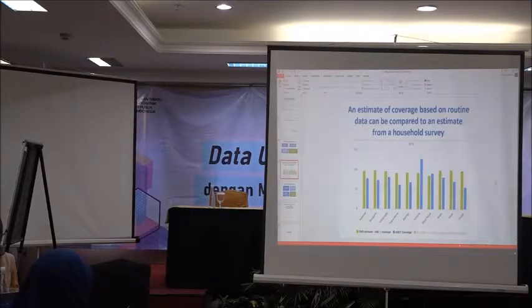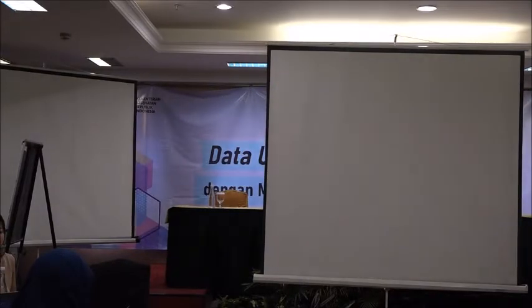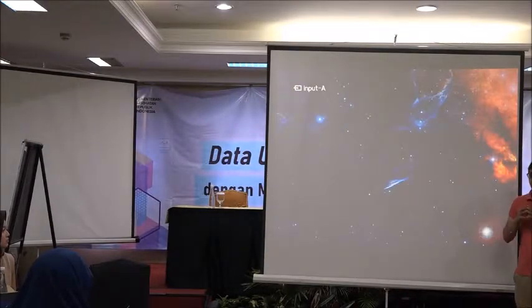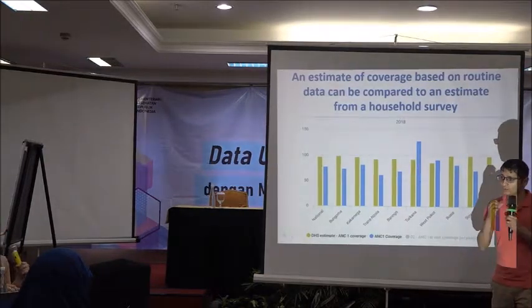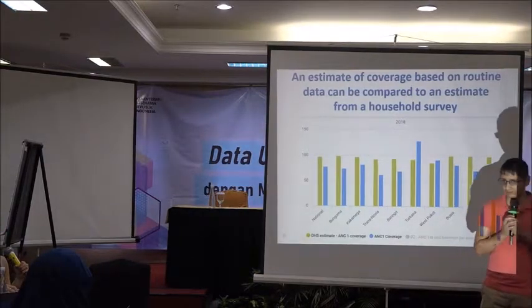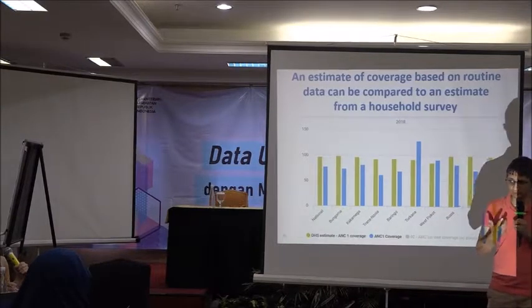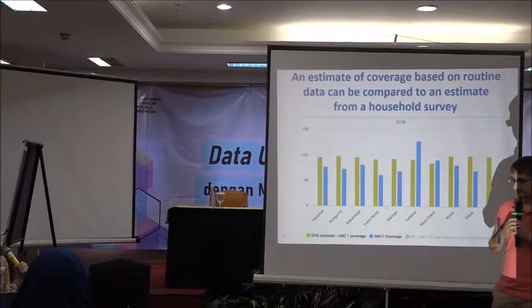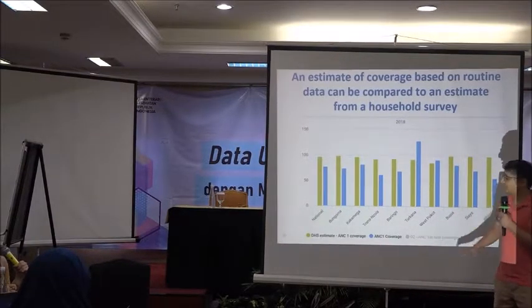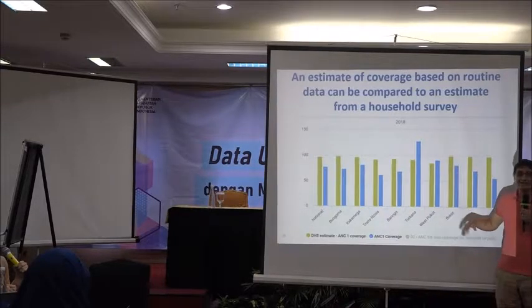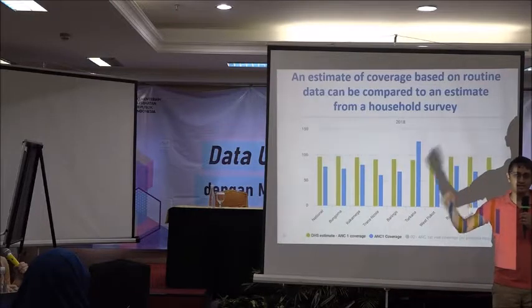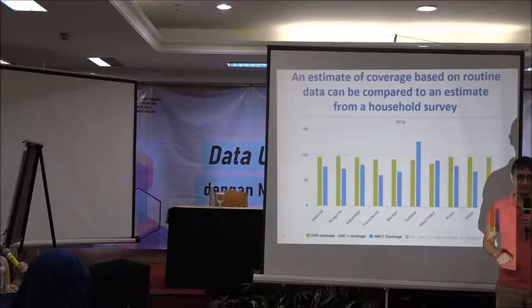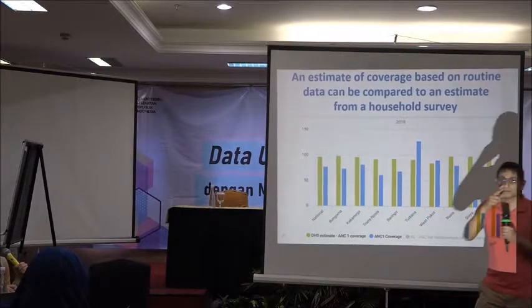Internal consistency is looking at the data within the program, the routine administrative data that we collect every month or every quarter, or depending on the program. External consistency is when we take our internal administrative data and we compare it with data from another source.